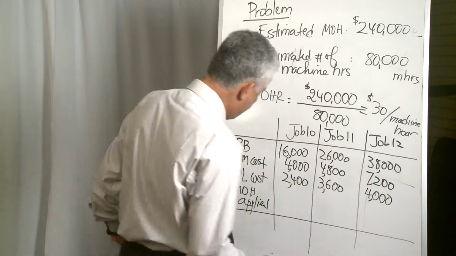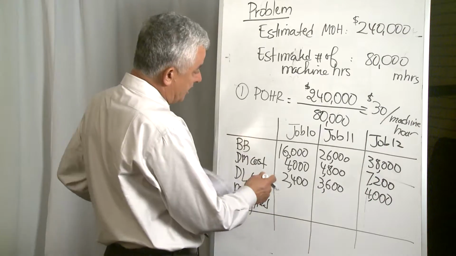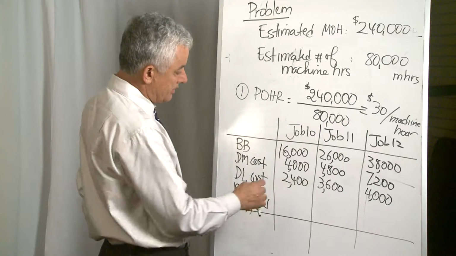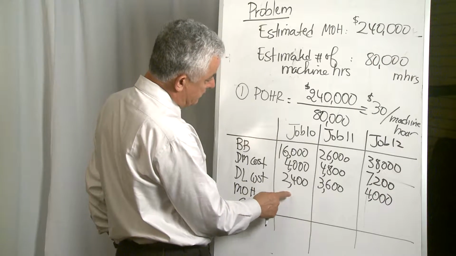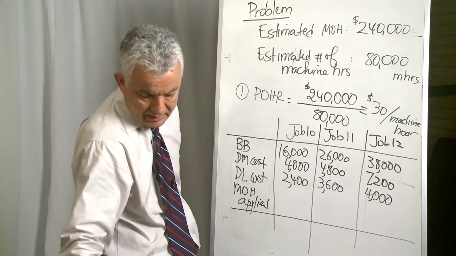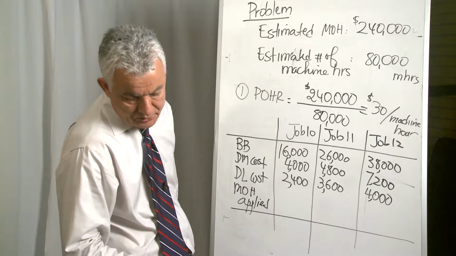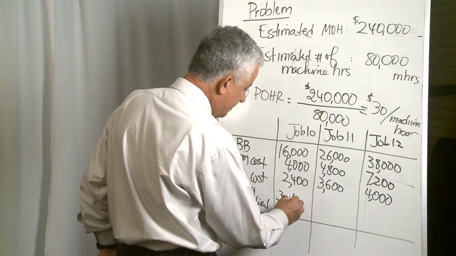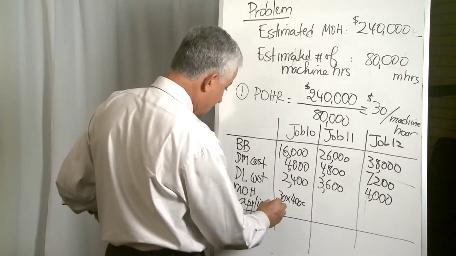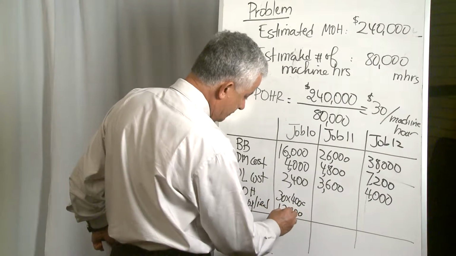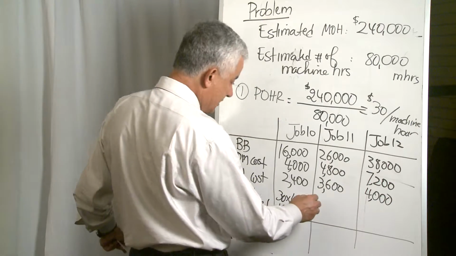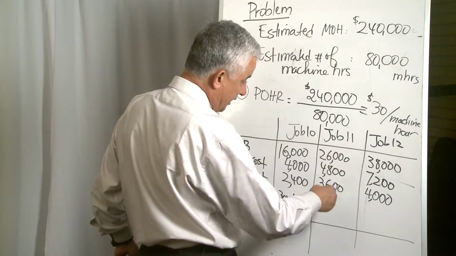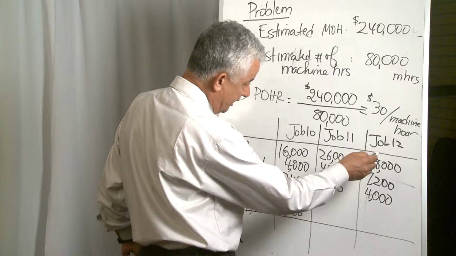Okay. So now, how much are we going to allocate to job 10 based on this rate of $30 per machine hour? It depends on the number of machine hours used by that job. Okay. And they're telling us that job 10 used 400 machine hours. Then it has to be allocated this much accordingly, which is $12,000. We proceed in similar ways. The allocation to job 11 would depend on the machine hours used by job 11, and we do the same for job 12.